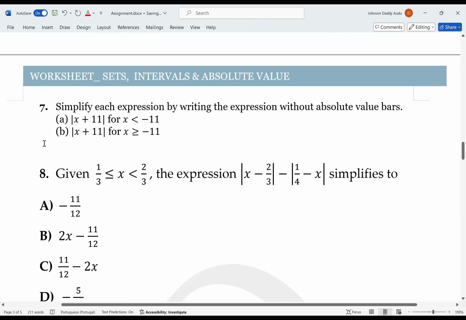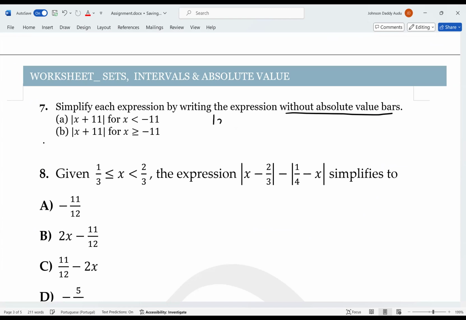Number 7, we're here now. What is number 7? Number 7 says simplify each expression by writing the expression without absolute value. What this simply means is that we don't want to have an absolute value again. But remember, what is the definition of an absolute value?